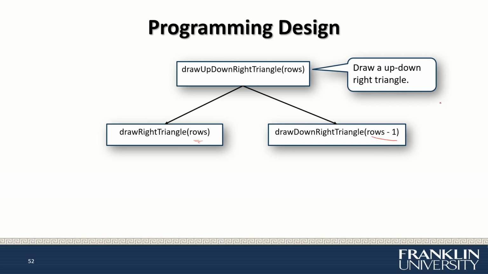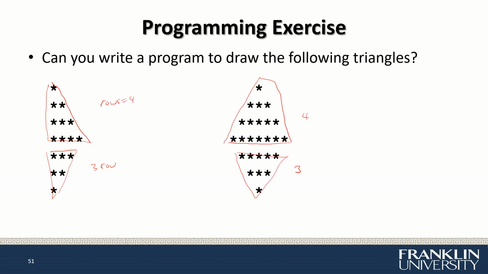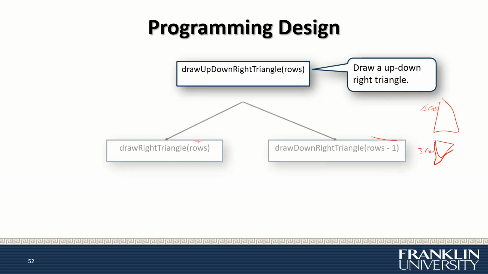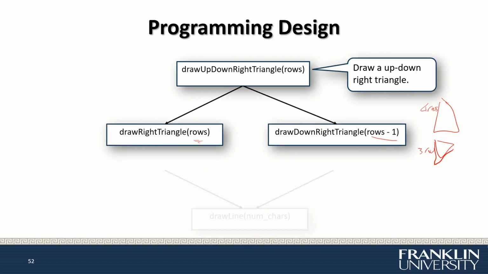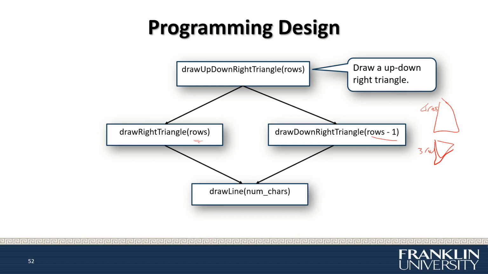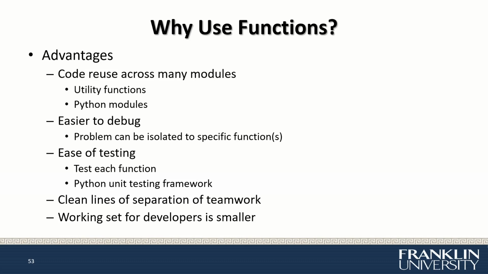So I could have 4 rows, and then 3 rows to make it look like this here. And of course, these will call the drawLine function. You can work on those 2 functions on your own.